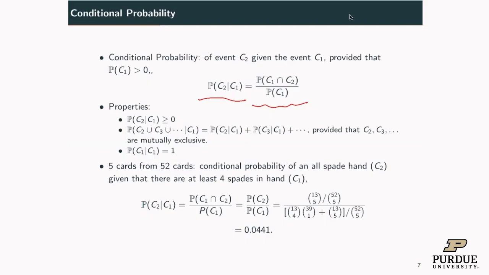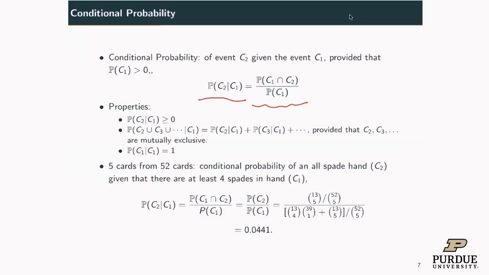For example, this is a random experiment: 5 cards from 52 cards. I'm asking you to compute the conditional probability of an all-spade hand C2, given that there are at least 4 spades in hand C1. So probability C2 given C1.